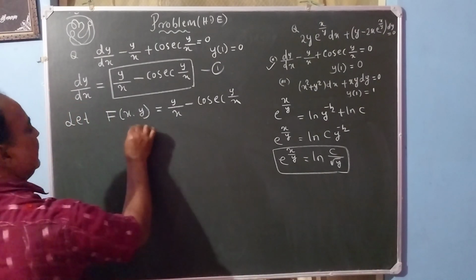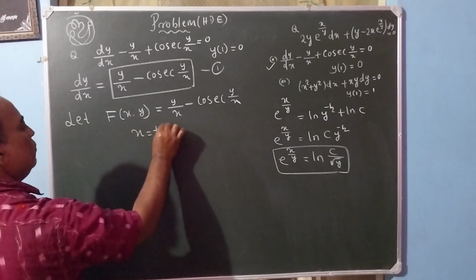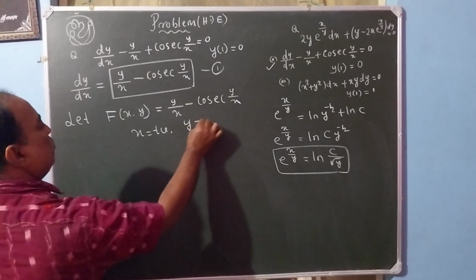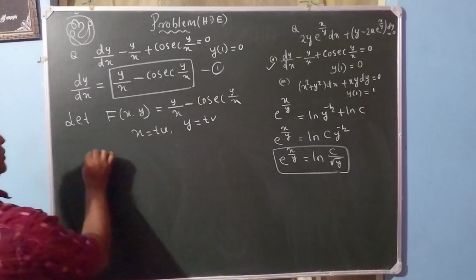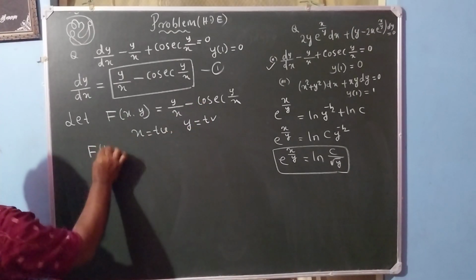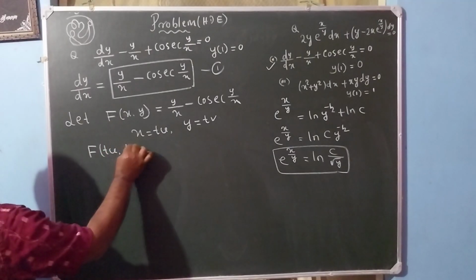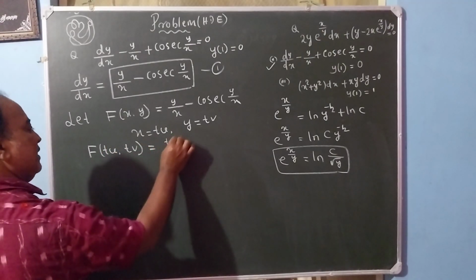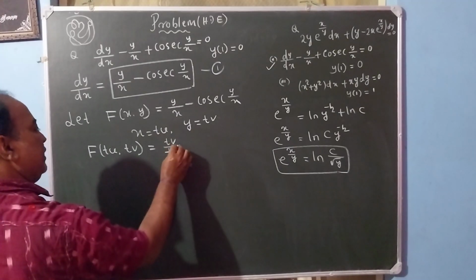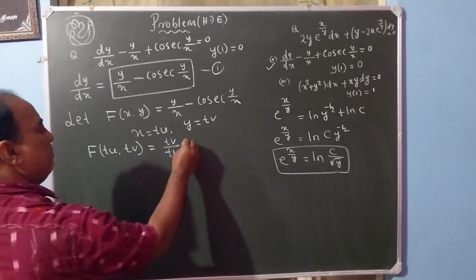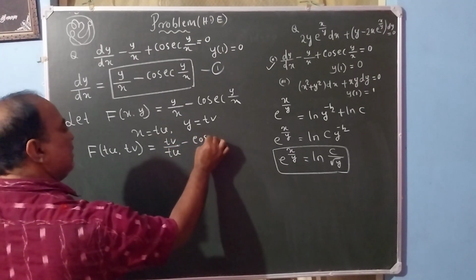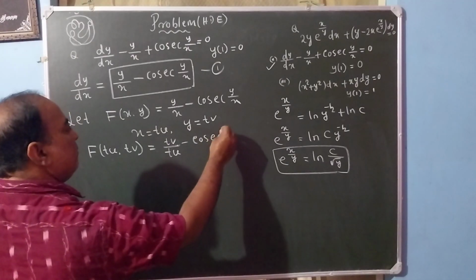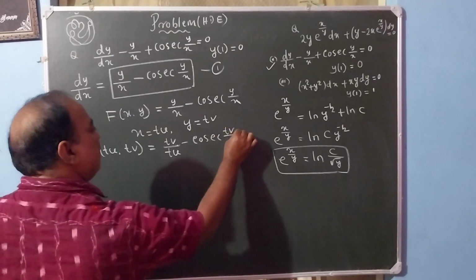So f of tu tv is equal to tv divided by tu minus cosec tv by tu.